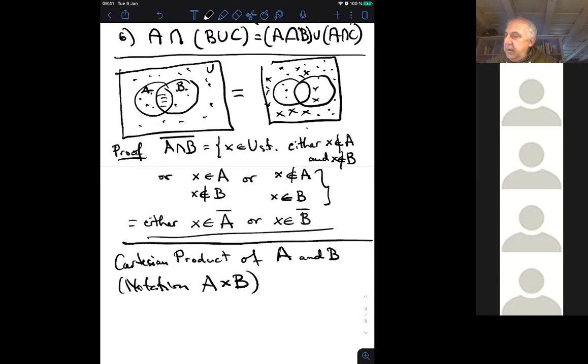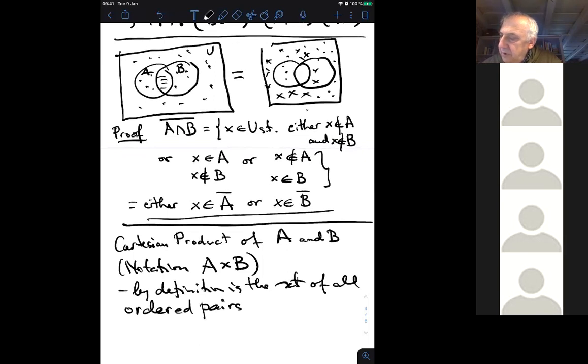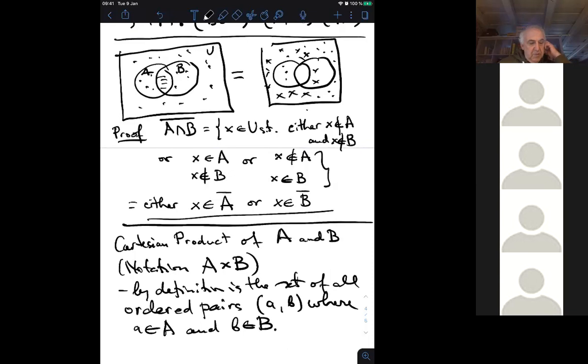Okay. And what is that? By definition, it is the set of all ordered pairs (a, b), where small a belongs to A and small b belongs to B. So this is quite an important operation on sets.